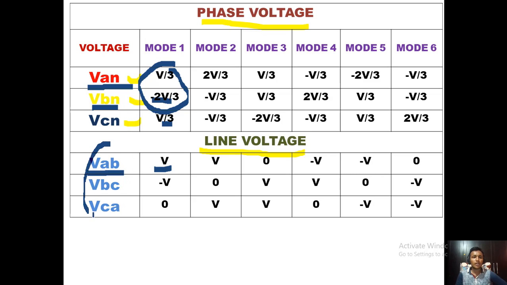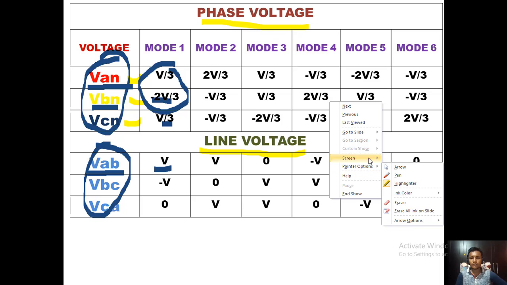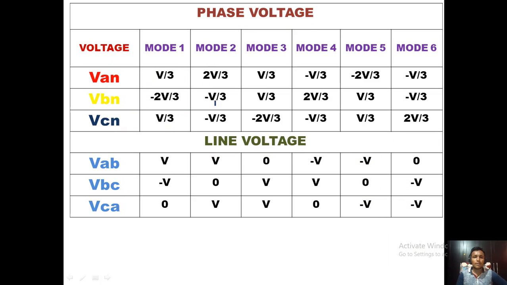So similarly you can get this line voltage from this phase voltage. So this table is very useful. In this table we have found every mode, phase voltage and line voltage.